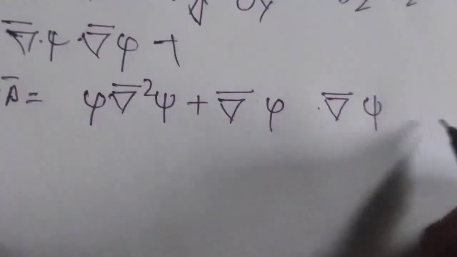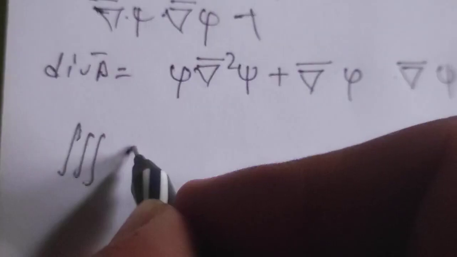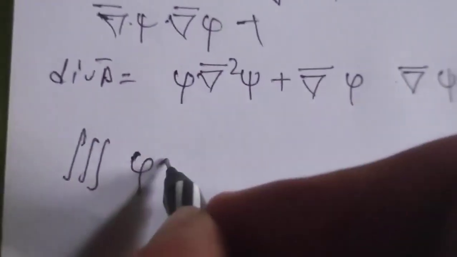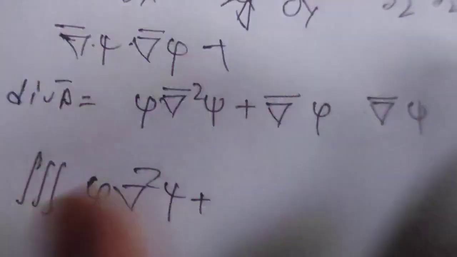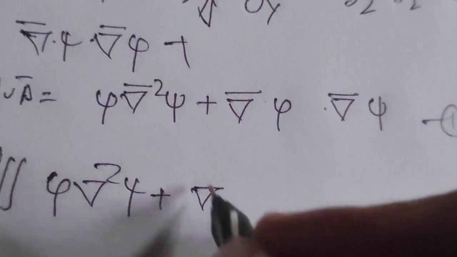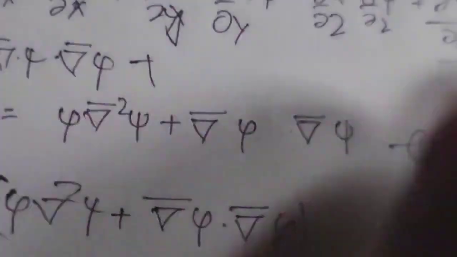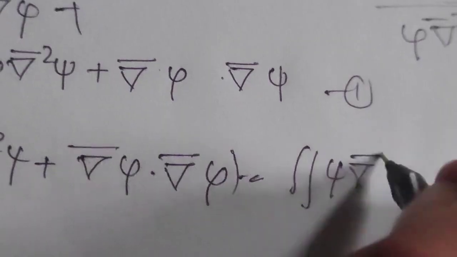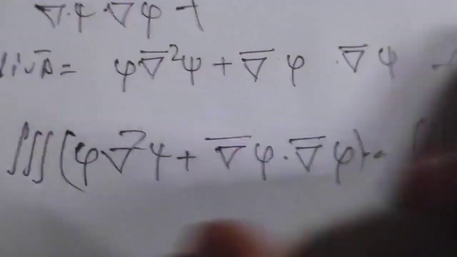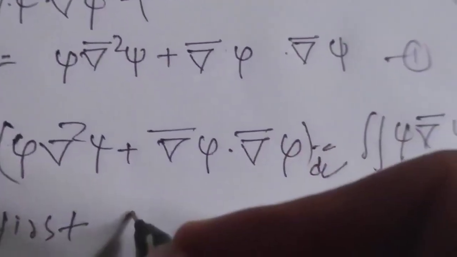Put it in equation 1. Our equation 1 is the triple integral of the divergence of A, which is phi del squared psi plus gradient phi dot gradient psi dv, equal to the surface integral of A, which is phi gradient psi dot ds.